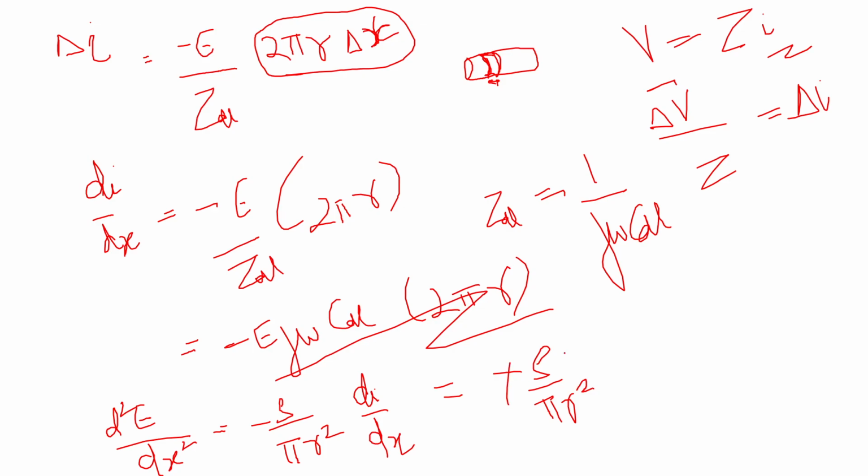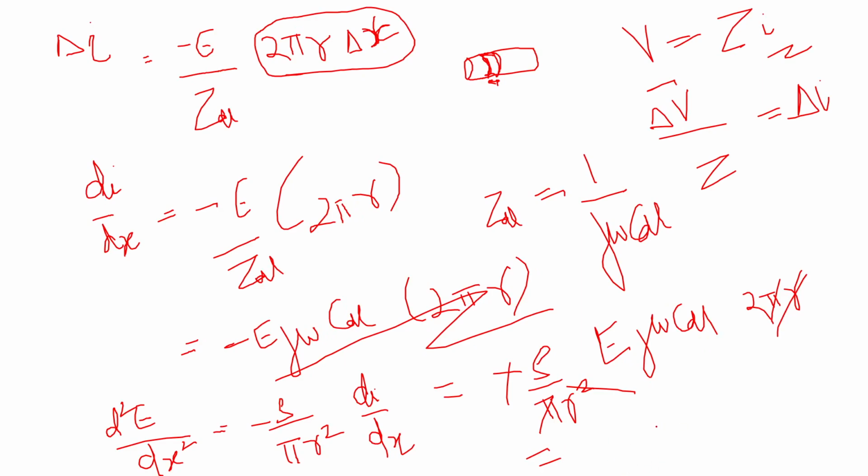So this minus and this minus will go. It becomes plus E j omega CDL 2 pi r. So again, if I write in the next slide, or I'll write here once and I'll take the other side.